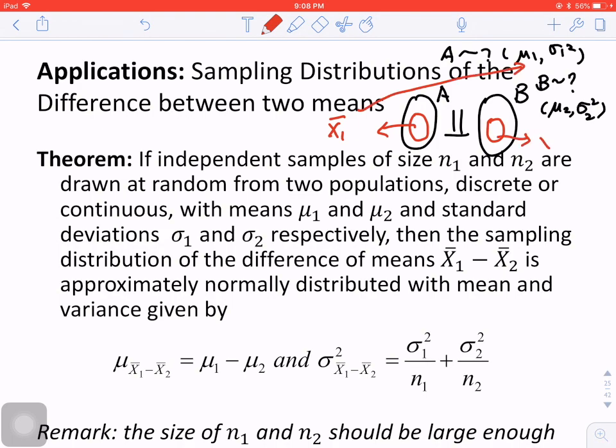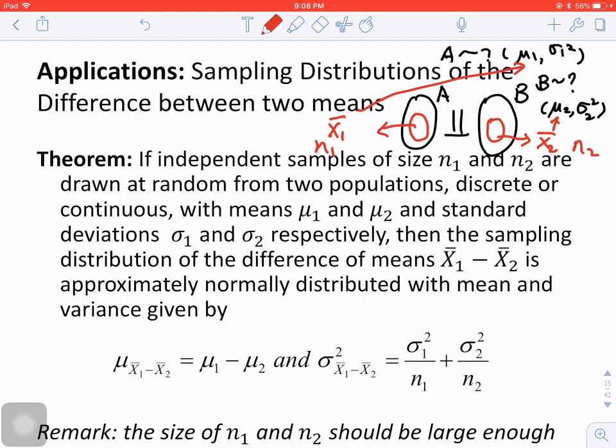And from this sample, we can have x2 bar, which I can use to estimate this mu2. Of course, if you want to draw a sample, you have to have your sample size. For this one, the sample size is n1, and for this one, the sample size is n2.